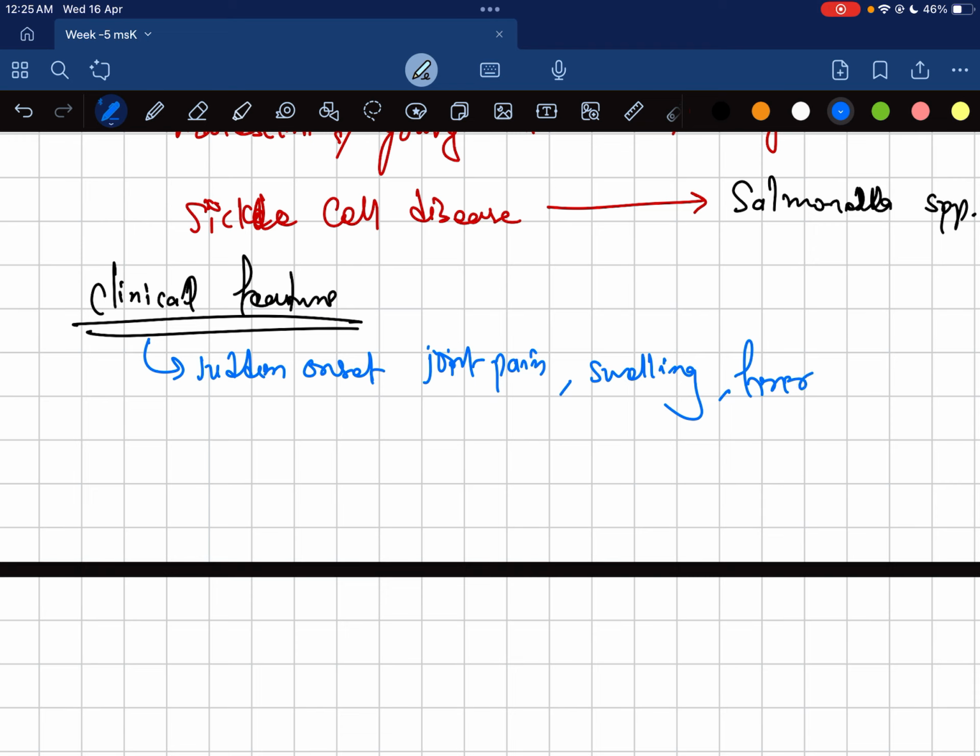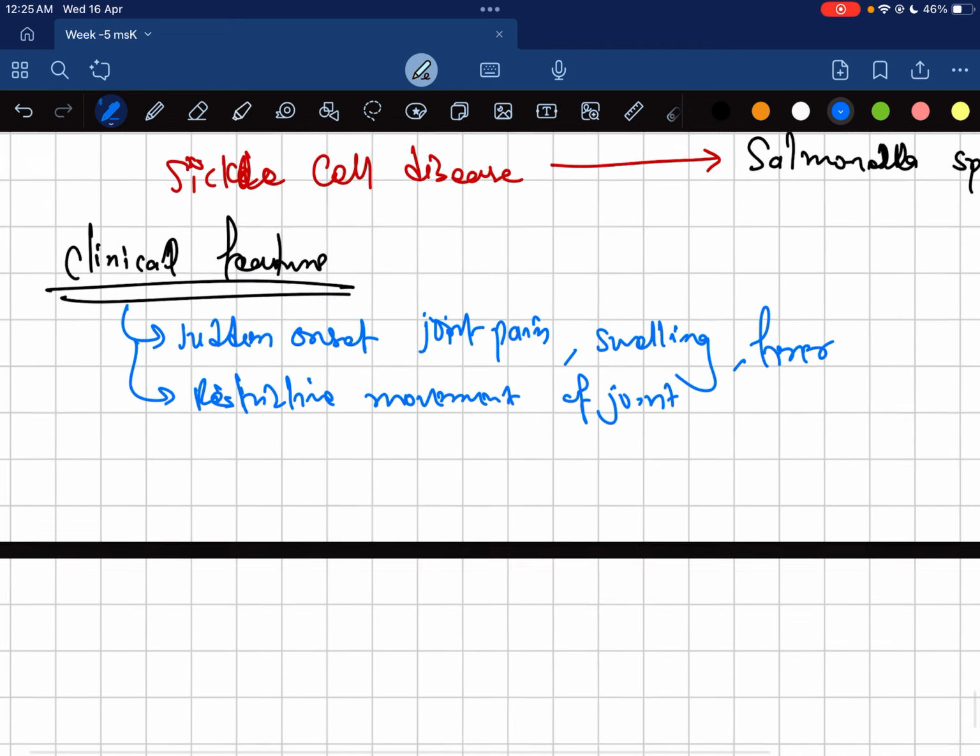Also there is restricted movement of the joints.